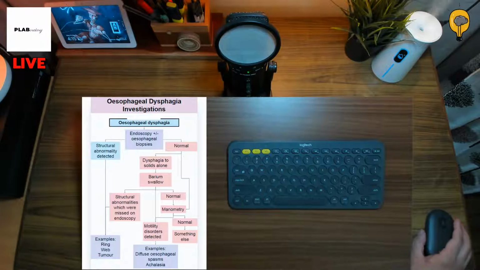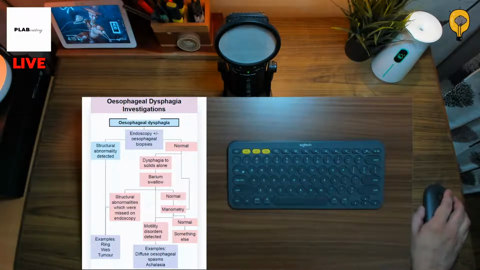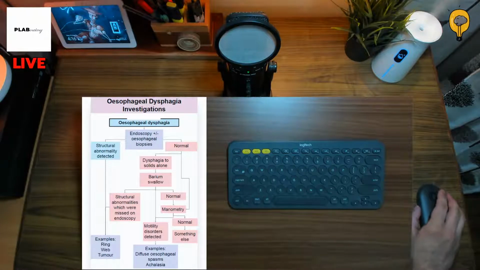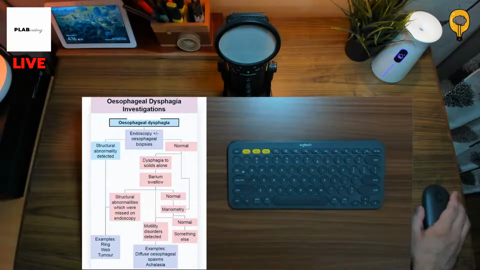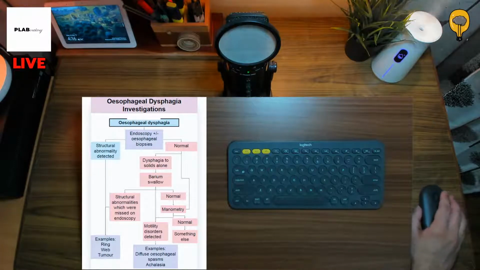The productive cough in this question points towards aspiration pneumonia, secondary to retained food and fluid in the esophagus. Regurgitation of undigested food and difficulty in swallowing both foods and liquids are classical for achalasia. A chest x-ray would also show a large esophagus in achalasia.